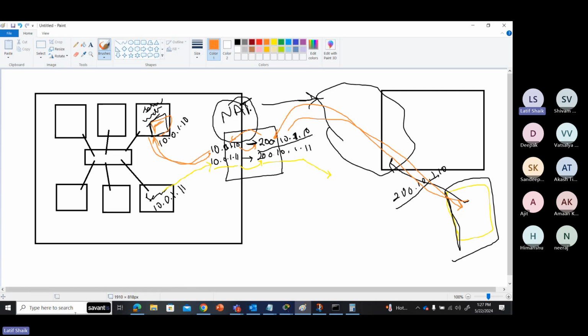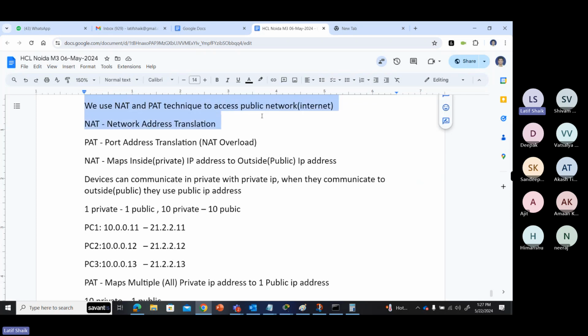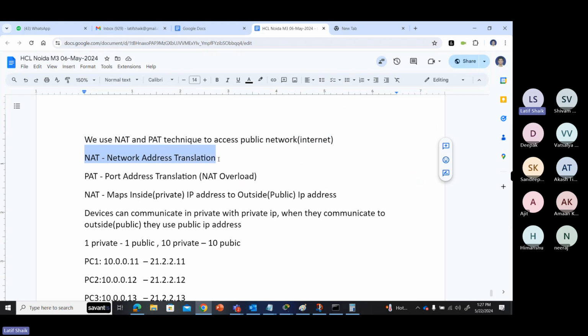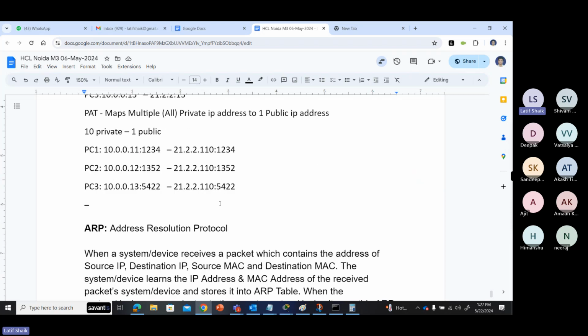Network Address Translation. We use NAT and PAT techniques to access public networks. NAT is Network Address Translation. PAT is Port Address Translation, also called NAT overload. NAT maps an inside private IP address to an outside public IP address.